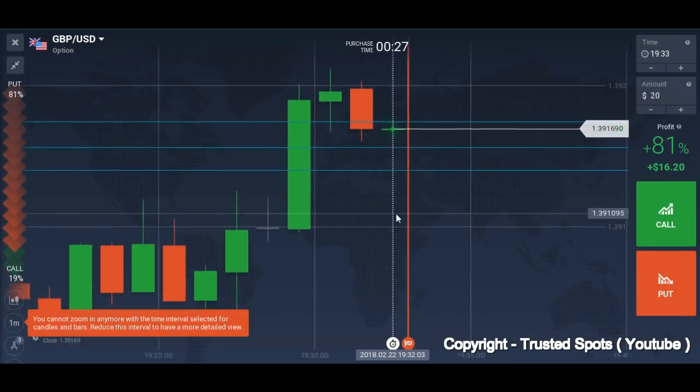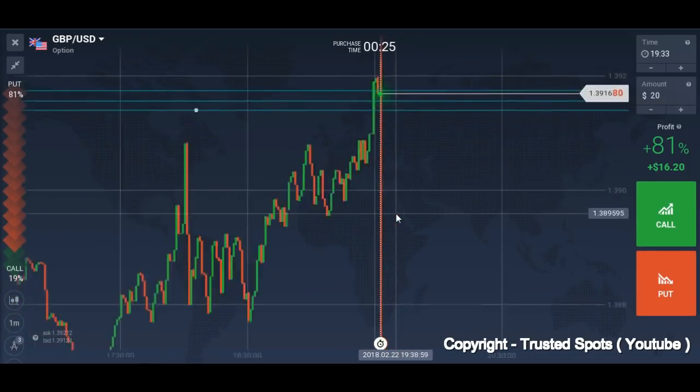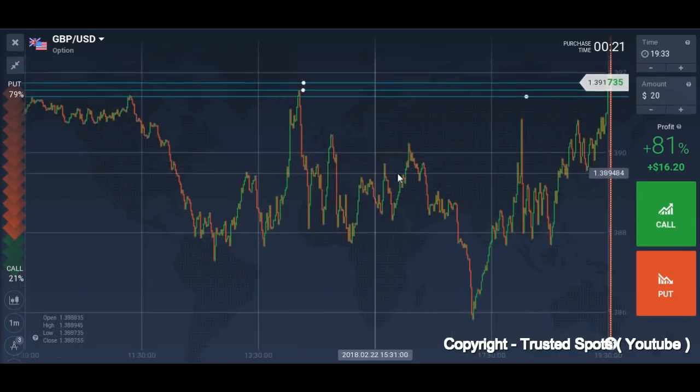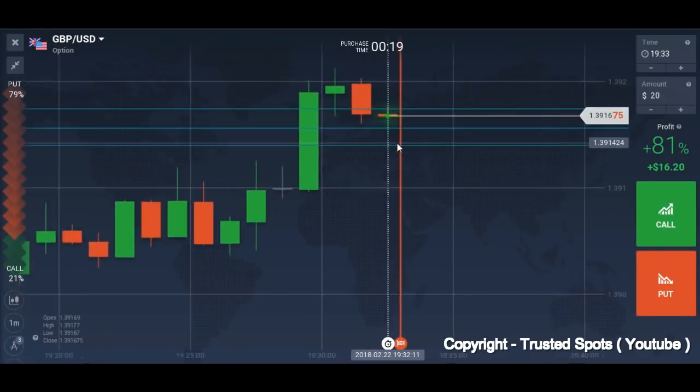No problem, the level has not been broken yet, so we can place a trade.